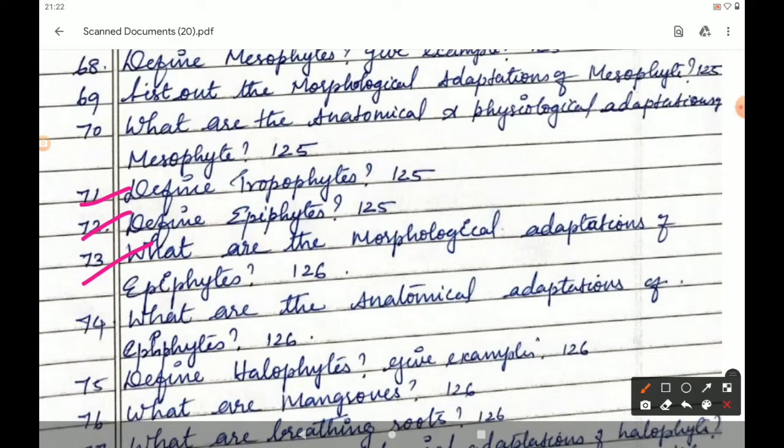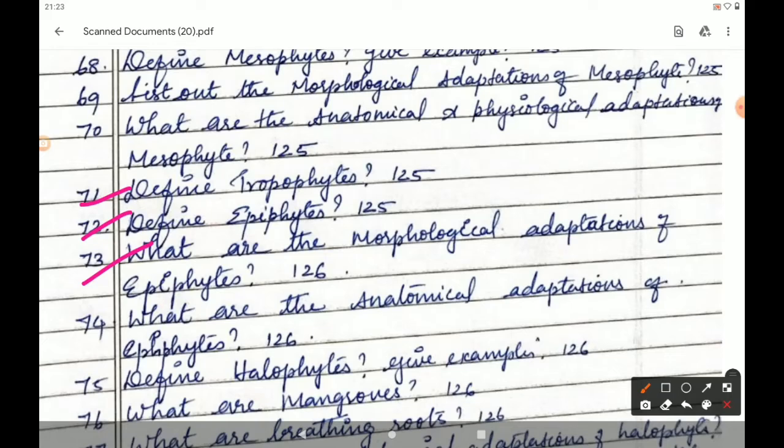Spongy velamen tissue is present. Some of the epiphytes are succulent and develop pseudobulb or tuber. Myrmecophily commonly occurs in the epiphytic vegetation. Fruits and seeds are very small and usually dispersed by wind, insects and birds. Students, this is also a 5 mark question. You have to write 3 points for 3 marks and 2 points for 2 marks.